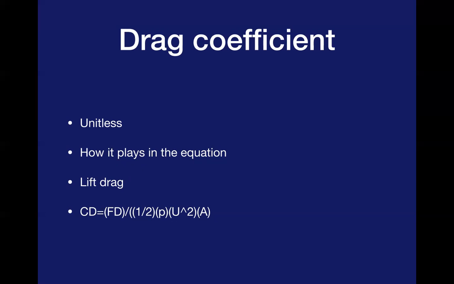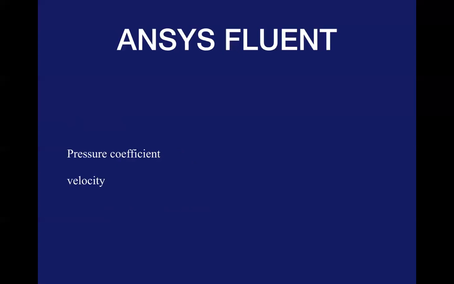And then the drag coefficient is given by CD is equal to FD over 1/2 rho U squared A, where CD is the coefficient of drag, FD is the force of drag, rho is the density, U is the velocity, and A is the area, which depends on where you're looking at. You can have many different cross sections.